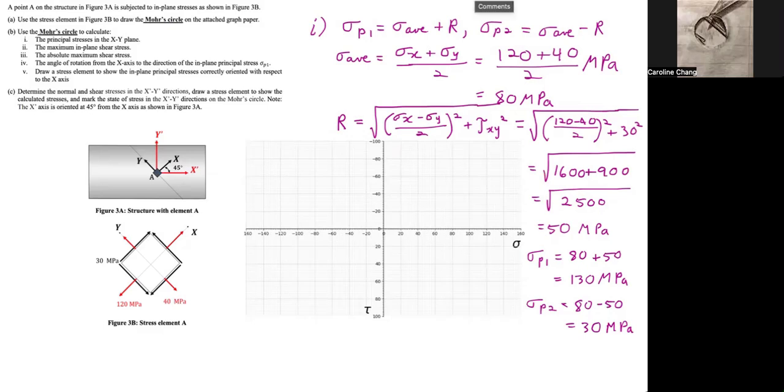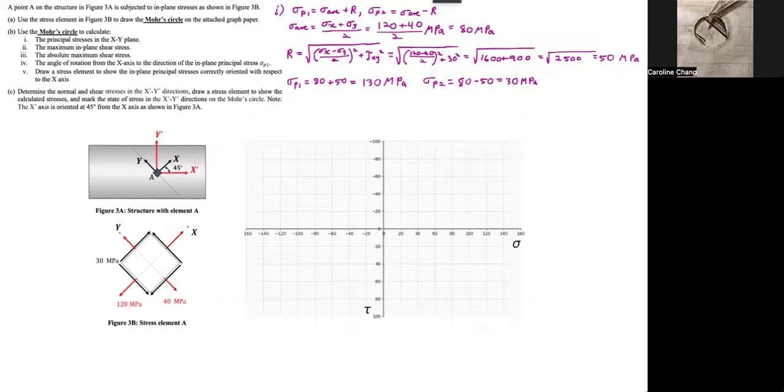This will give us the information needed to first graph our Mohr circle. So here I have condensed everything down. And to graph our Mohr circle, remember that our principal stress value of 1 will be over here, which is 130. And our principal stress value of 2 will be over here. And then the sigma average will be at 80 megapascals.